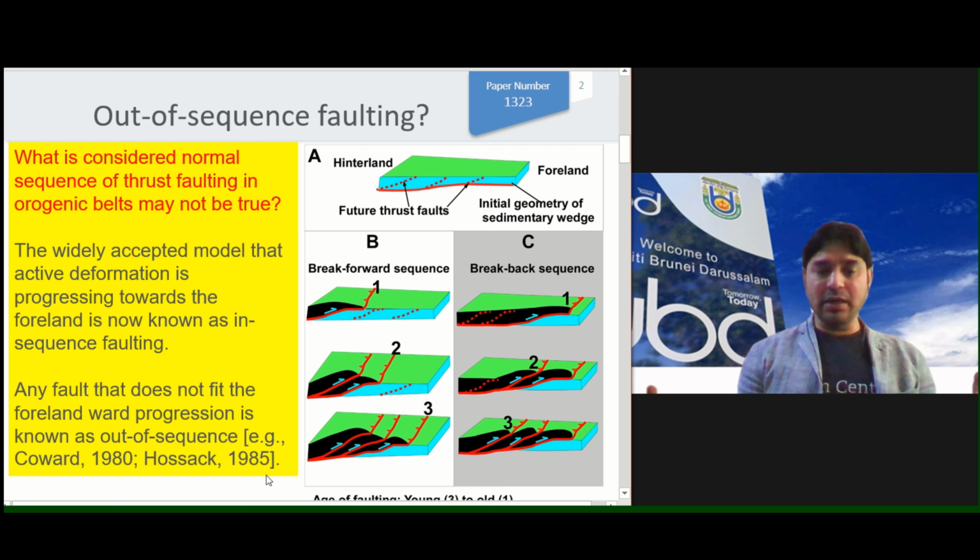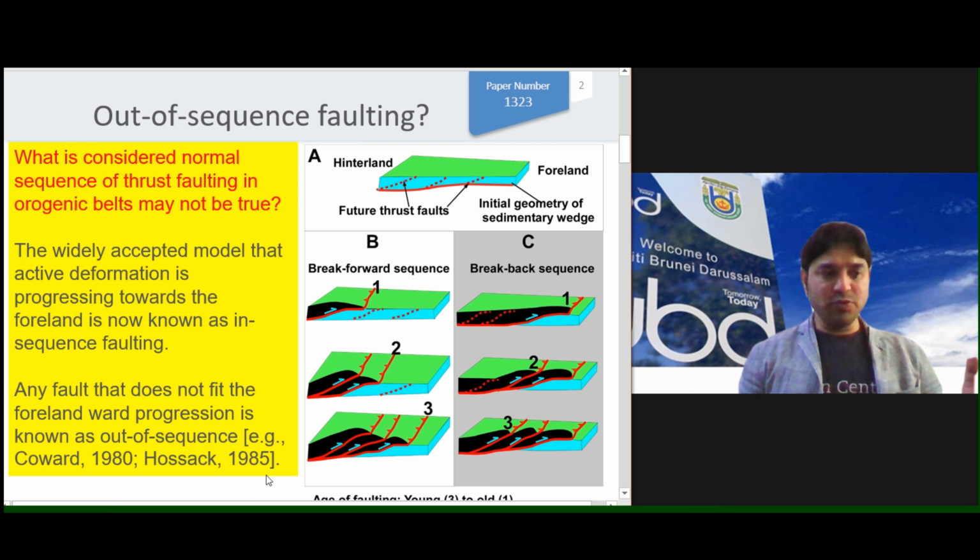Does that mean that the other faults on the hinterland side will not be active? This is a big question, because if we call them in sequence, that means they follow a sequence, and then we are making it formal that there is a sequence. But the question is, maybe there is not a sequence.